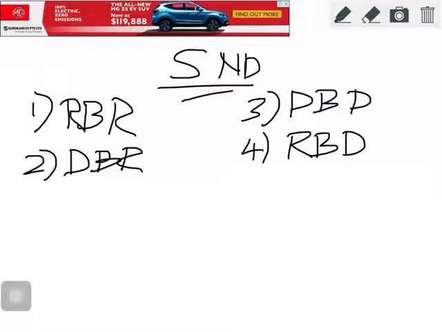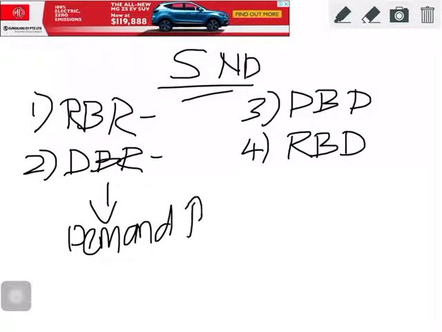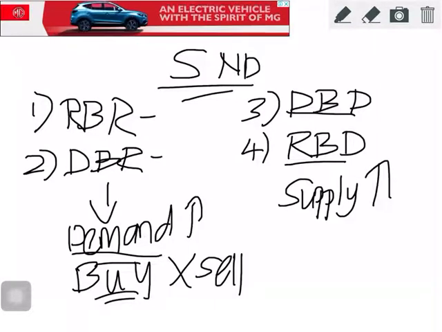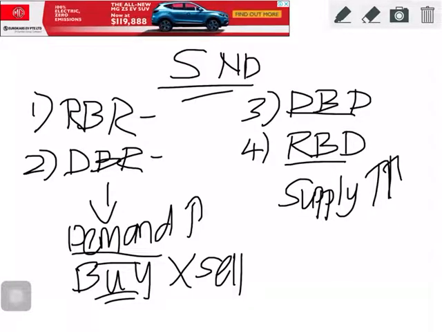When a rally base rally or drop base rally happens, it is always an indication that the demand is strong. In this case, when the demand is strong, you only look to buy, no sell. When a drop base drop or rally base drop happens, it means the supply is currently overwhelming the demand. That means there are a lot of sellers and no buyers.